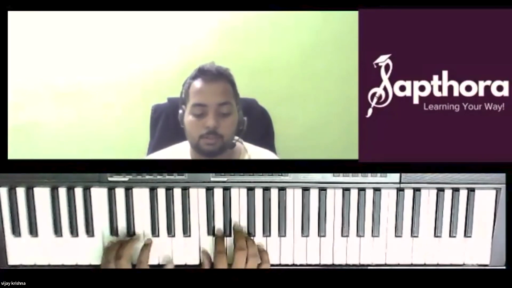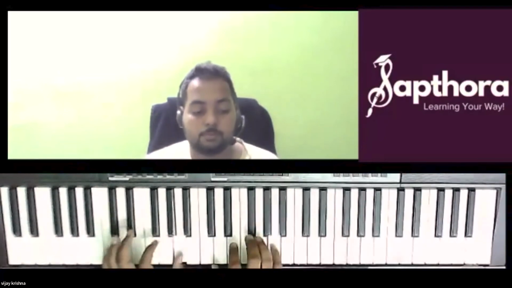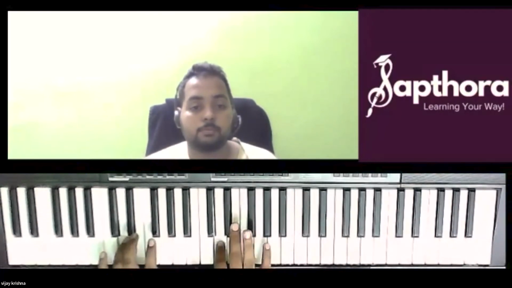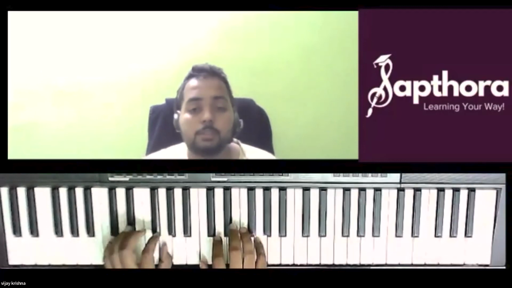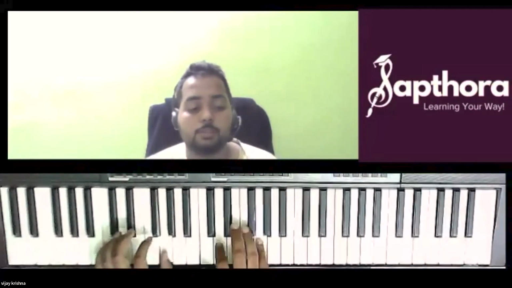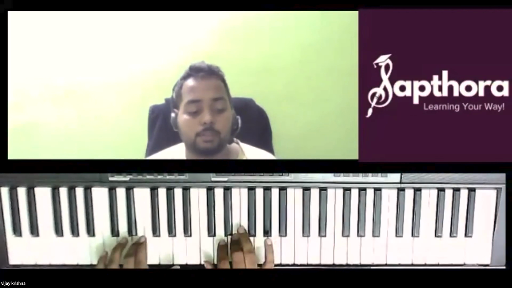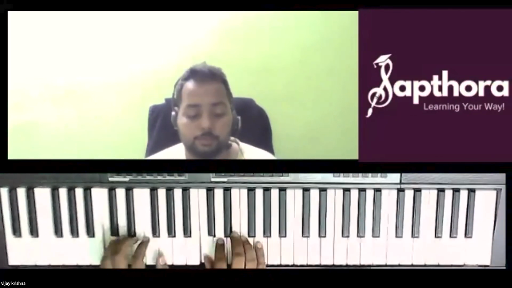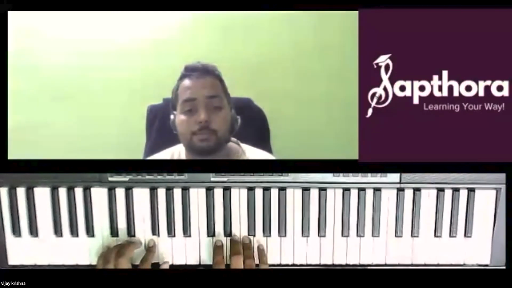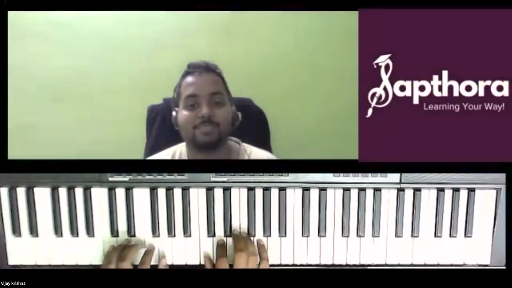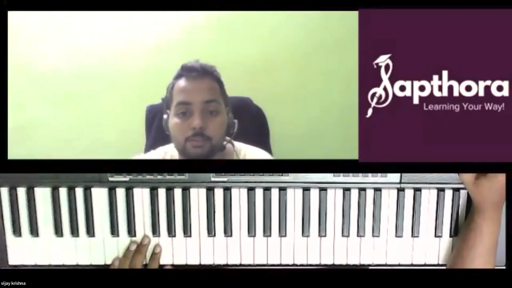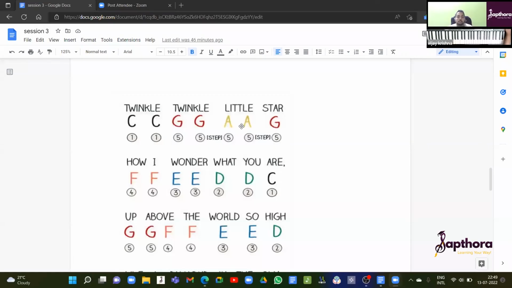Two hands together, C, and G, G, F, E, D, G, G, F, E, D, C, C, G, G, A, G, F, E, D, C. So that's the Twinkle Twinkle lesson played on the right hand, left hand, and two hands together.